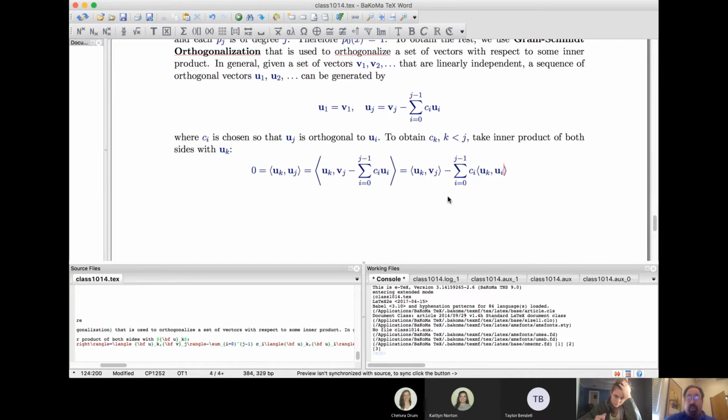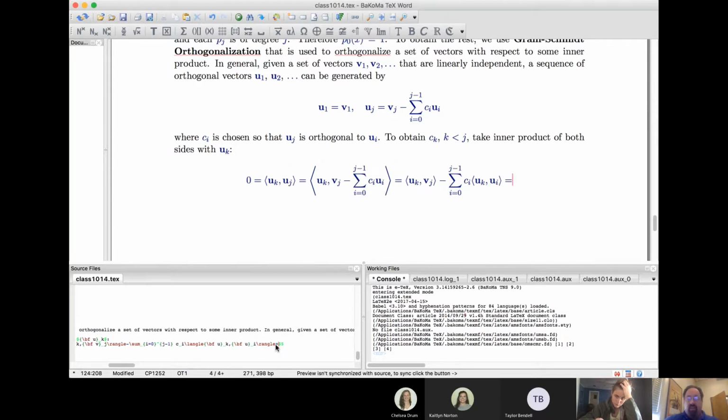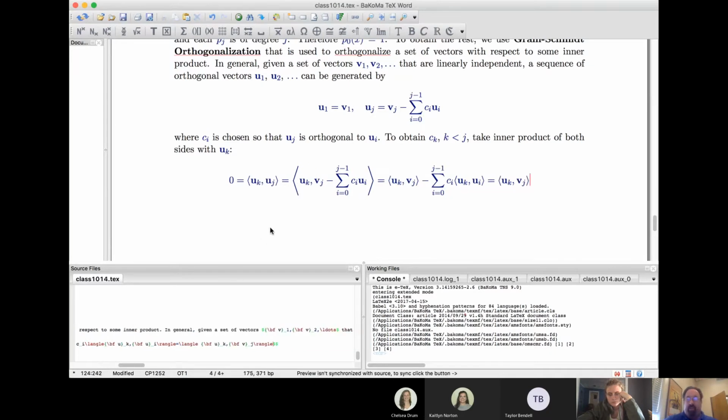Now, can anyone tell me, how does this expression here drastically simplify? Well, I'll give you a hint. This first part, can't do anything with that. That's going to stay the same. But how does this simplify?